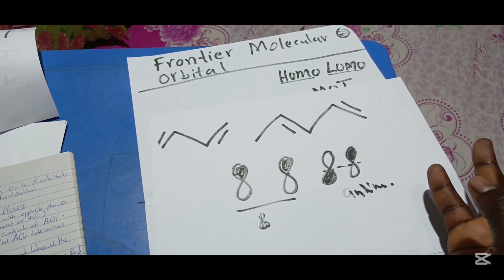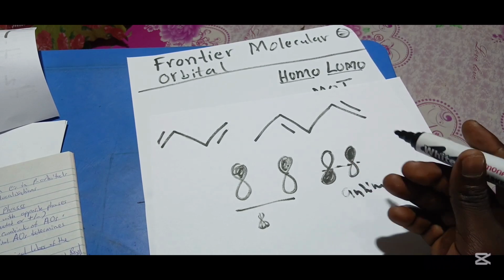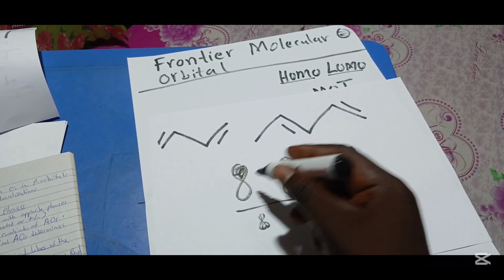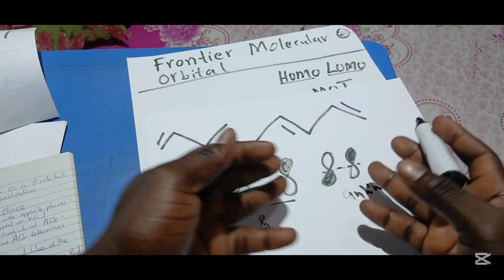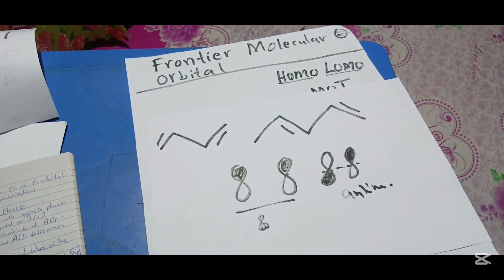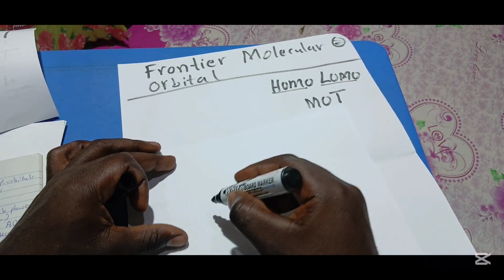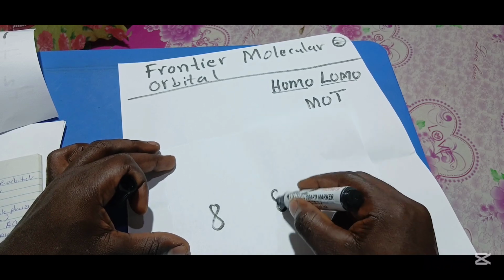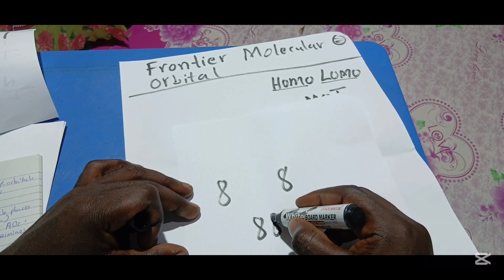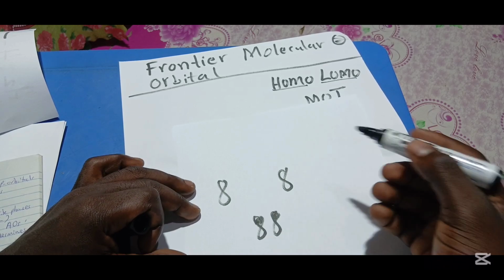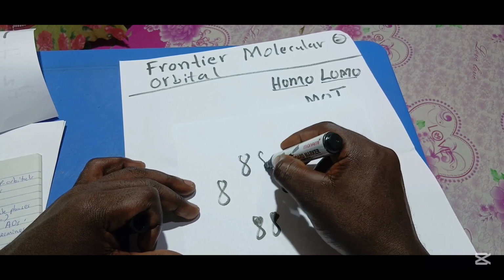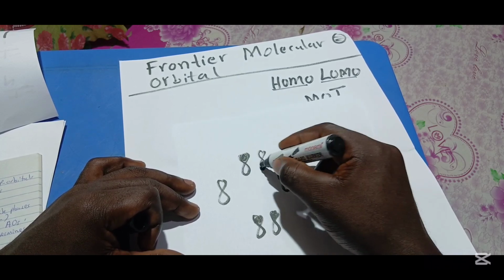Now that we know the p orbital has two phases, there can be a case where the p orbitals will be in phase or out of phase. So if we have two p orbitals here, these two orbitals can come together to be in phase, and there can also be a case where they are out of phase, right?